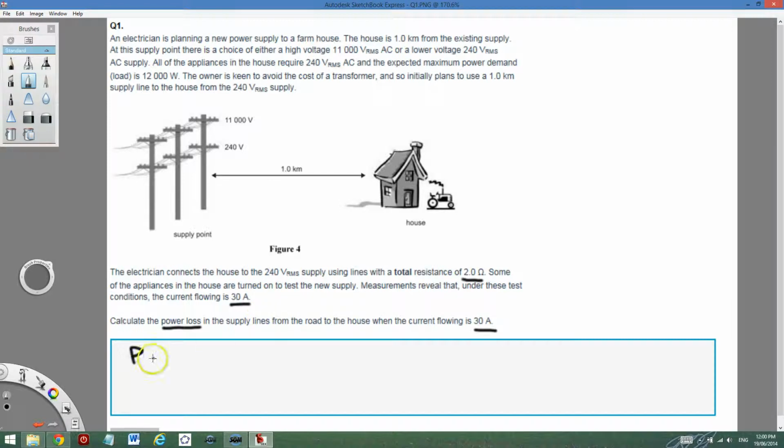So it's a simple equation. Typing in all the numbers, and we have 1,800 watts as the power loss.